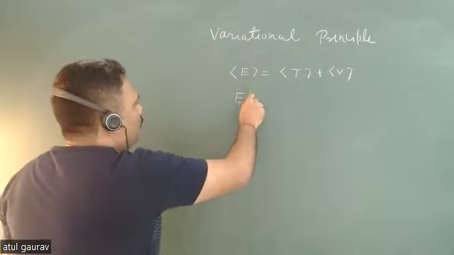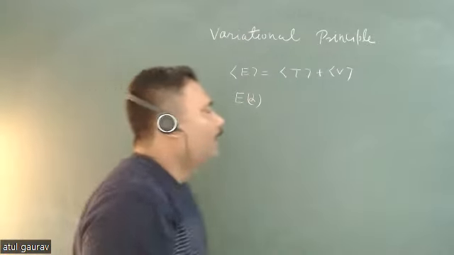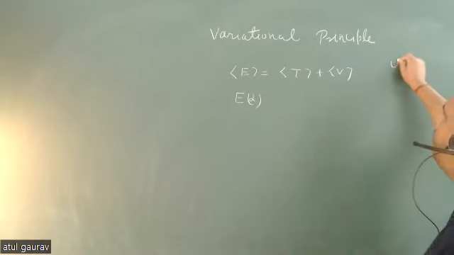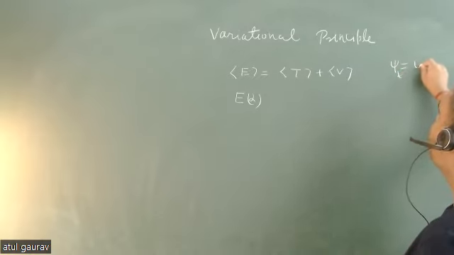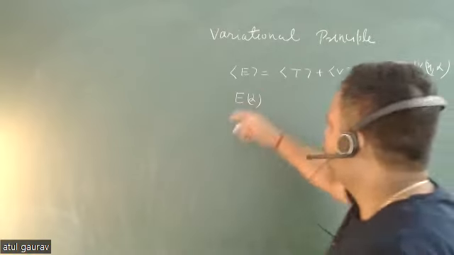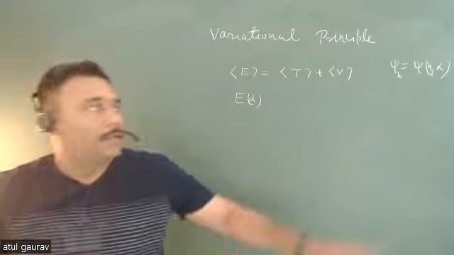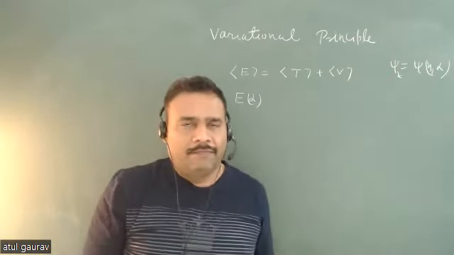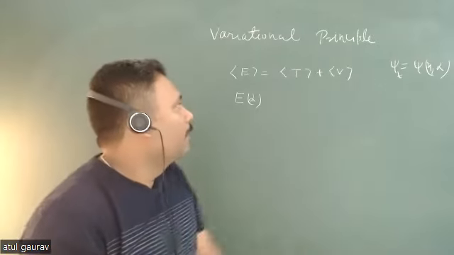Here your E will be a function of alpha, and you have to find the average value of kinetic energy and the potential energy on some trial wave function, and that will be a function of x and alpha. So you have to find this on the basis of this particular trial wave function. The examiner will give you the trial wave function. On that basis, you have to calculate.